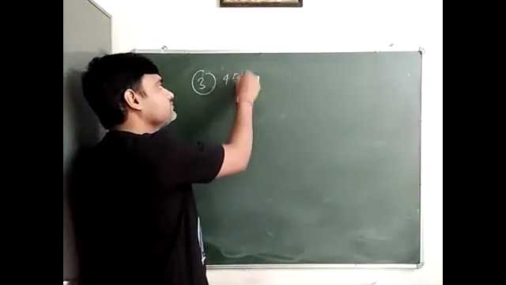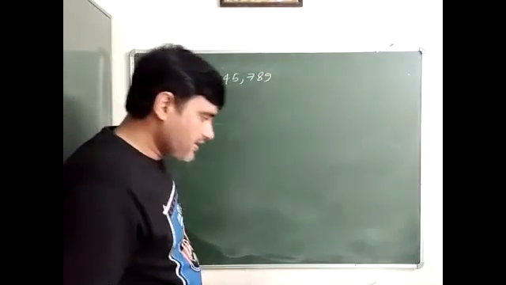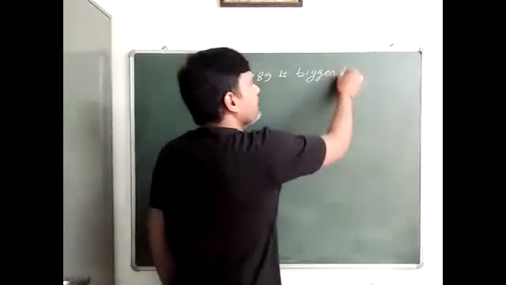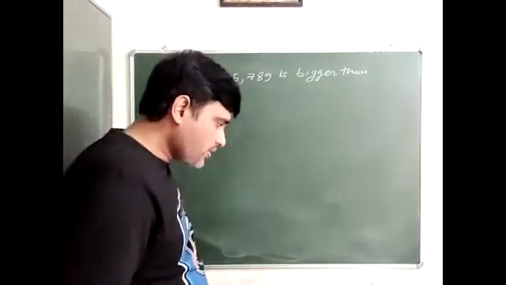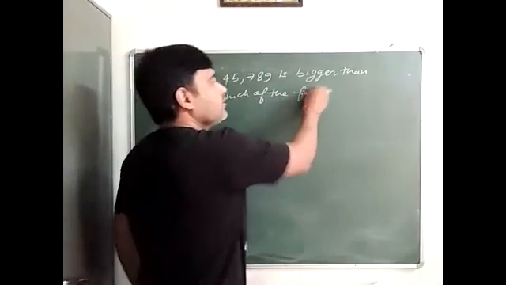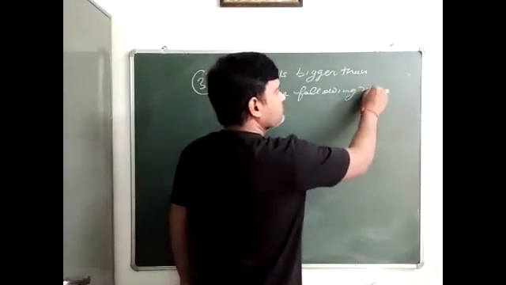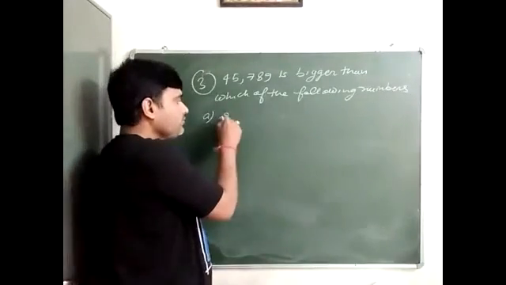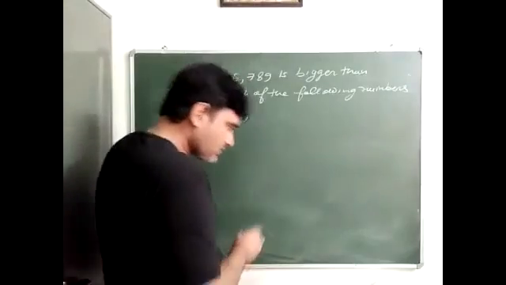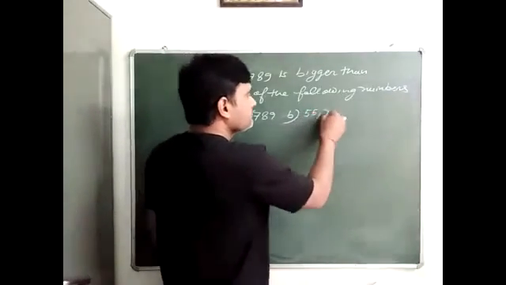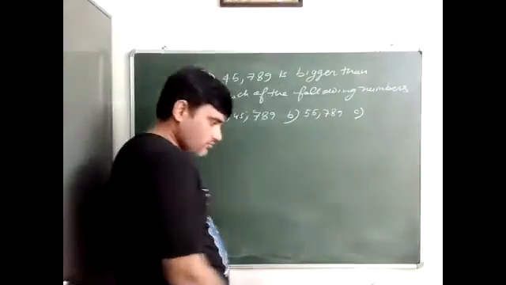45,789 is bigger than which of the following numbers? A: 2,45,789. B: 55,789. C: 46,789.